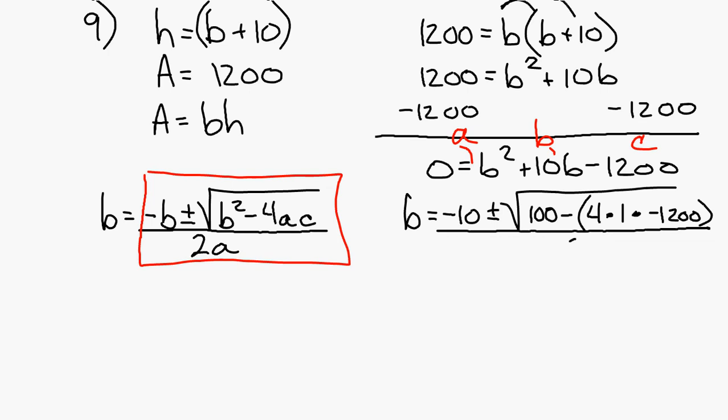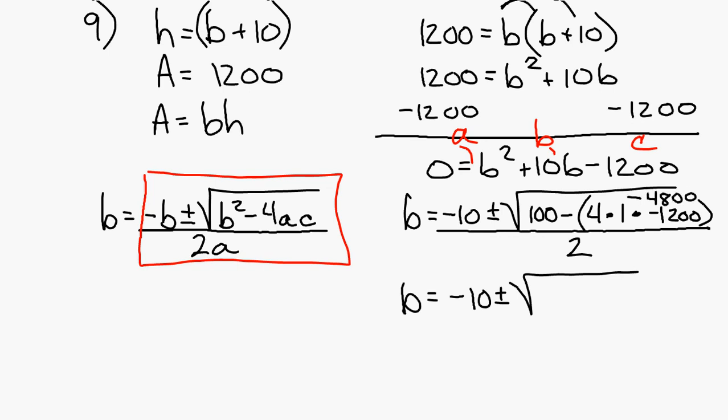So your b is equal to the opposite of 10 plus or minus the square root. When you do 100 minus 4 times 1 times negative 1200 in your calculator, all of this in the parentheses is negative 4800. So you get 100 minus negative 4800. And you keep change.